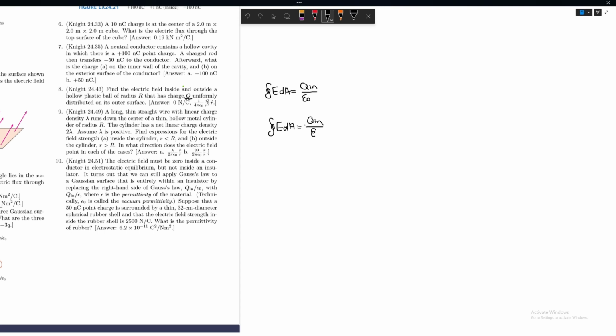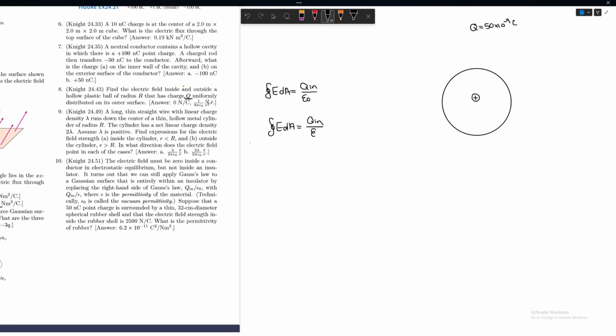And so it says suppose that we have a 50 nanocoulomb, so we have some type of ball, a shell, and we have a positive Q equals 50 times 10 to the negative 9 coulombs, right?